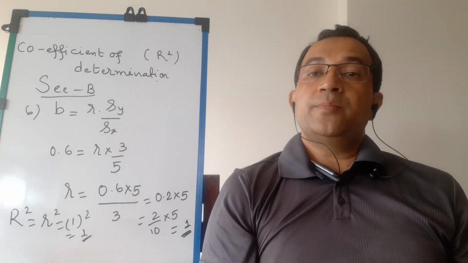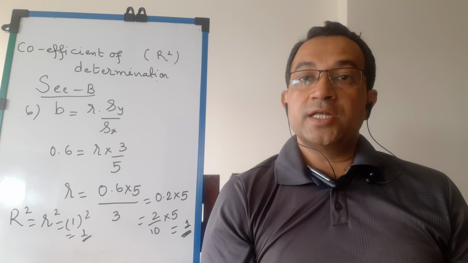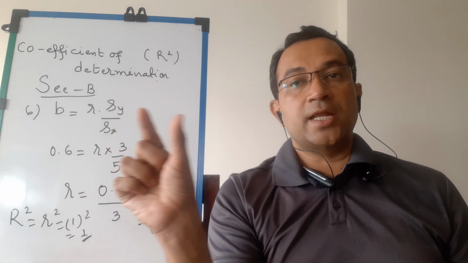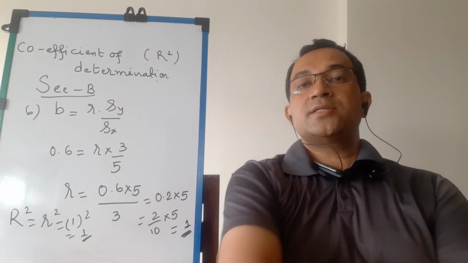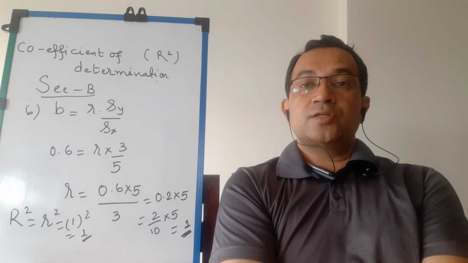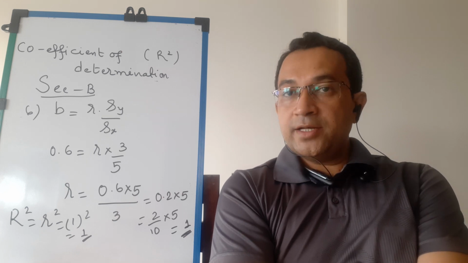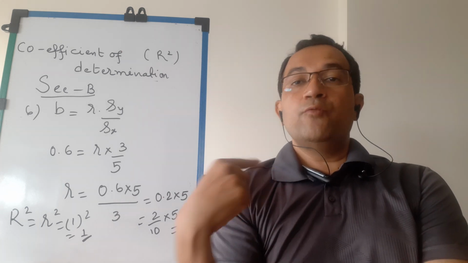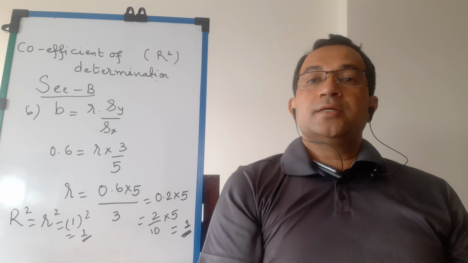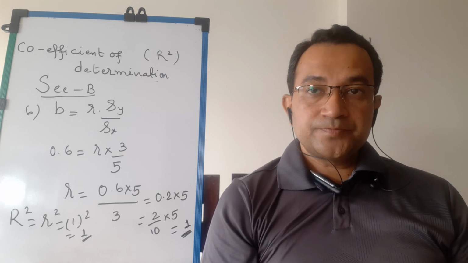If the value of capital R square is close to 0, assumption of linearity of regression is invalid, meaning the regression line is not valid, and hence the estimates are not reliable. If the value of capital R square is close to 1, the assumption of linearity of regression is valid, meaning the regression line is valid, and the estimates obtained from regression line are reliable.